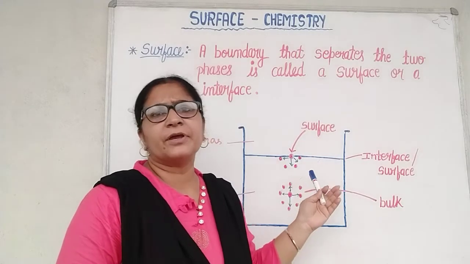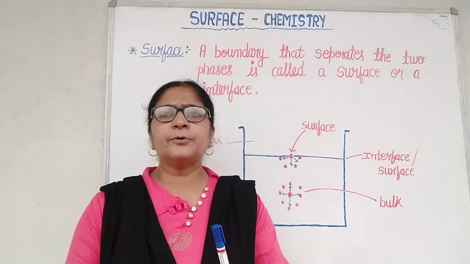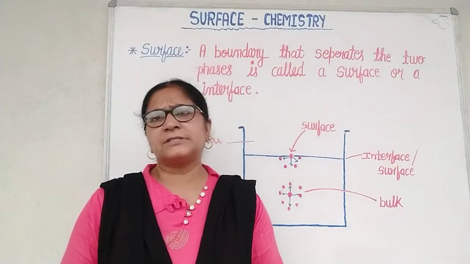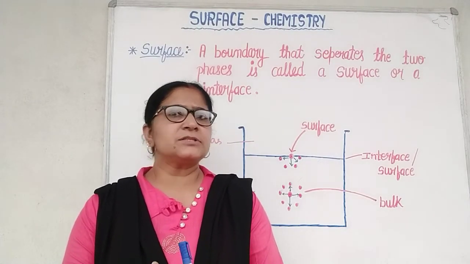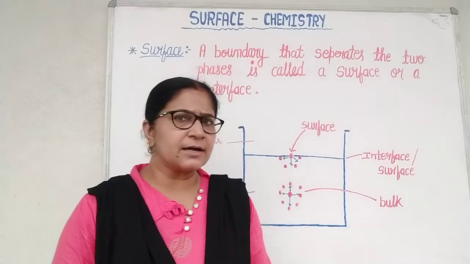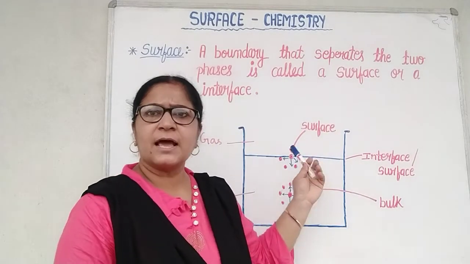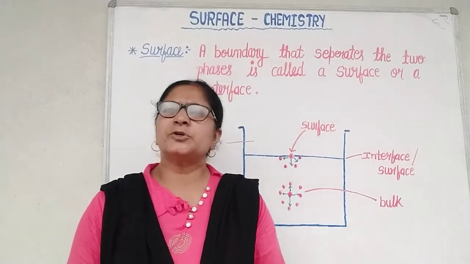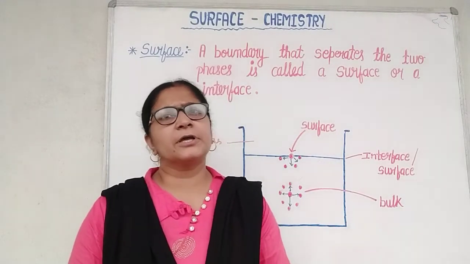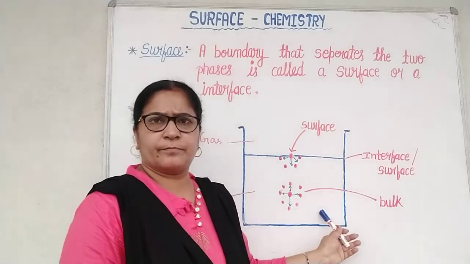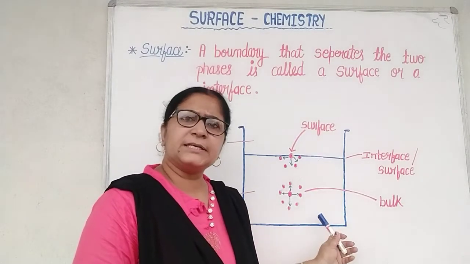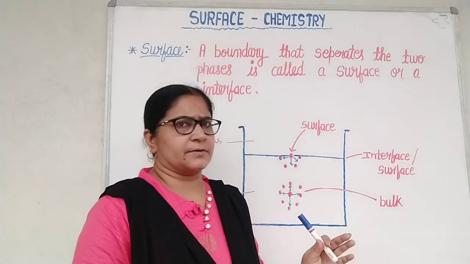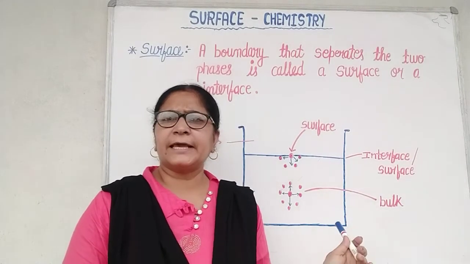In this case we are going to talk about the surface, which is known as the interface or surface, but it includes two concepts: one is the surface particles, and the other is the bulk particles. Suppose we are talking about a liquid, water.